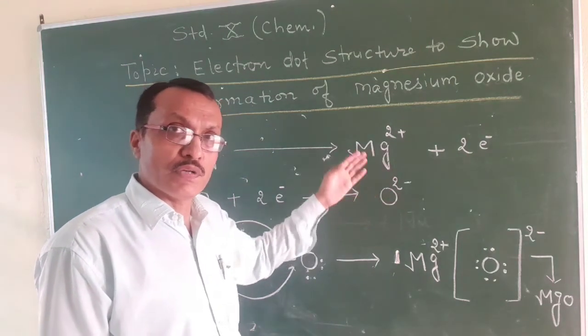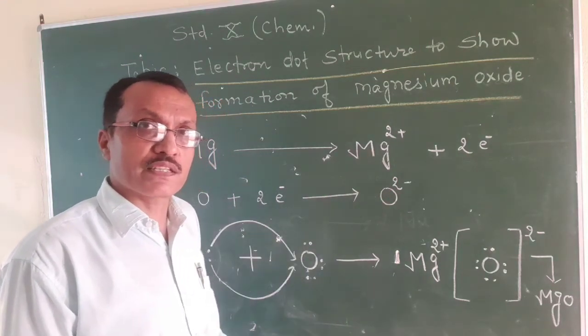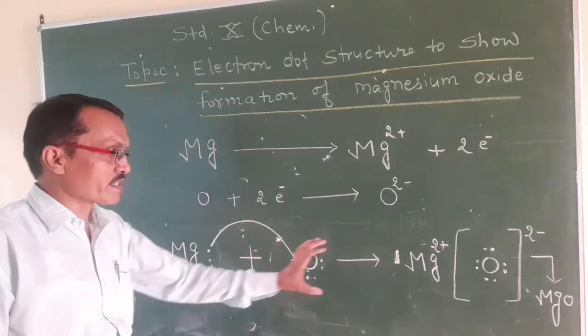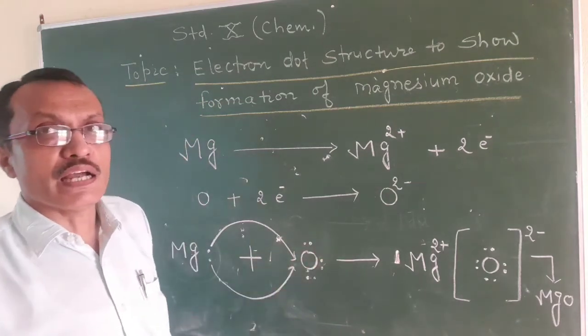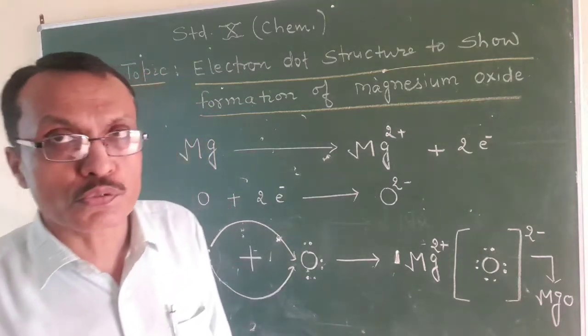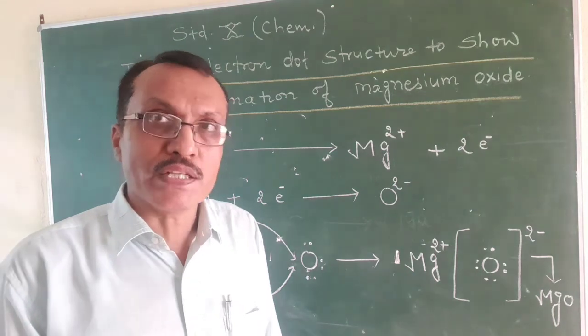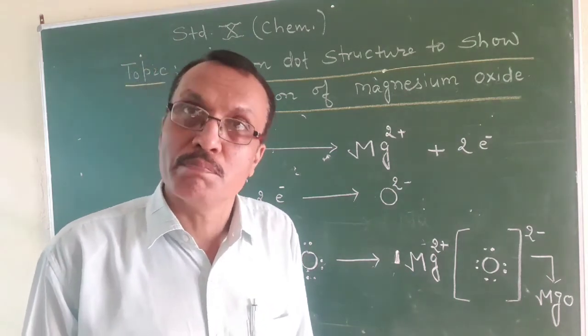First you have to show these 2 reactions, and then you have to show the dot structure in this way, and in this way you can show the formation of any ionic compound by the electron transfer method.